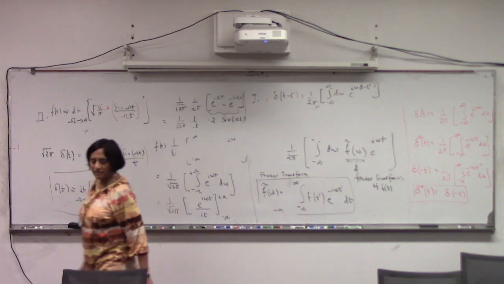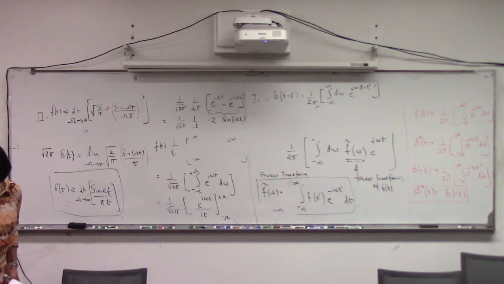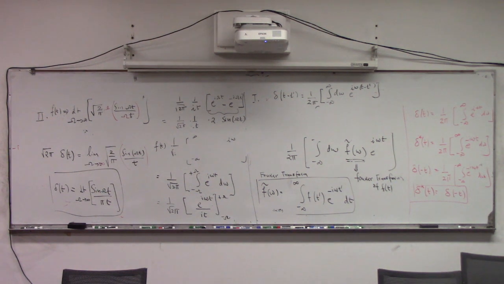We know that the function delta of t is sharply peaked at t equal to 0, and 0 elsewhere. What about delta of minus t? T equal to 0, doesn't matter. So delta of minus t is exactly equal to delta of t.